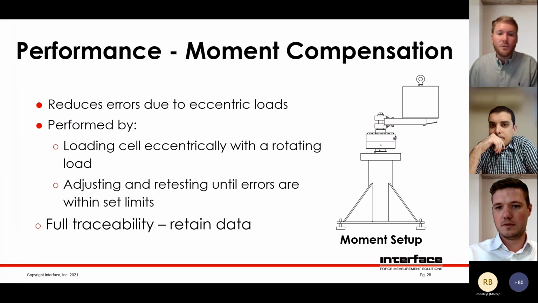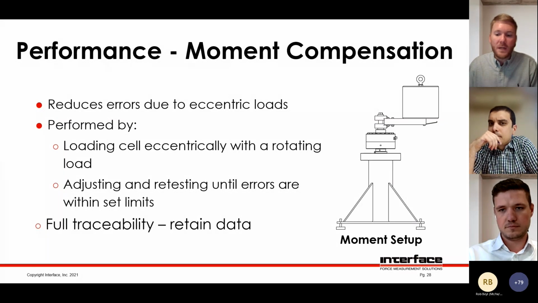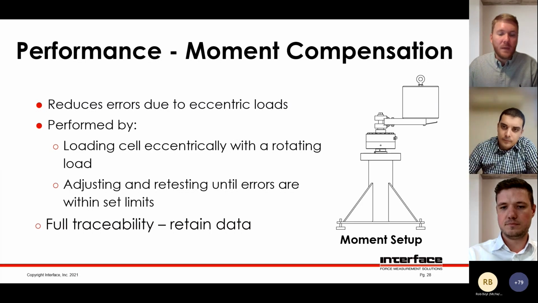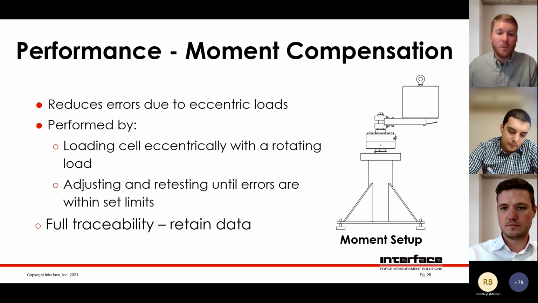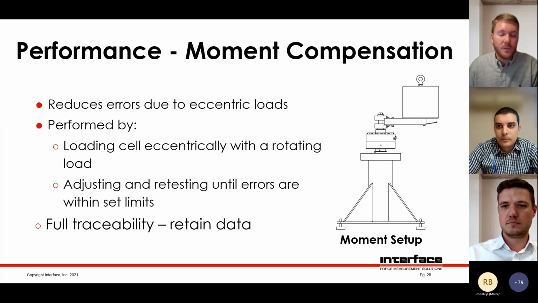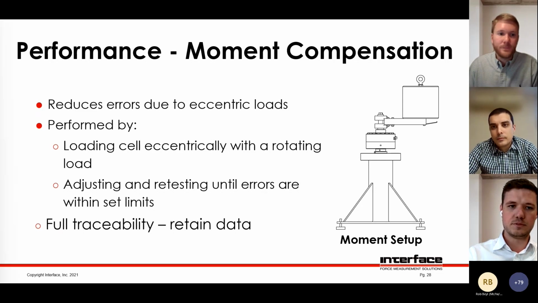And if you know where these eccentric loads might be coming from, at least what angle, we can provide you a diagram and show you where the best compensation is at what off-axis angle. If you know where those loads are going to come from, you can install it appropriately and get the best performance as well. That's a good point.